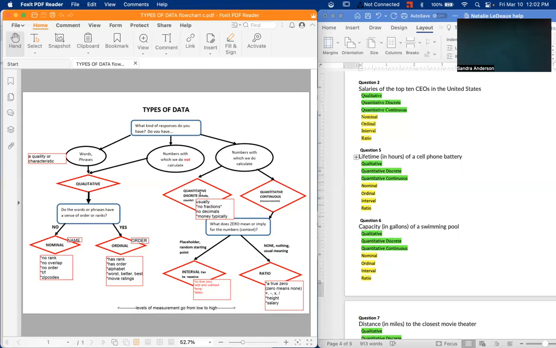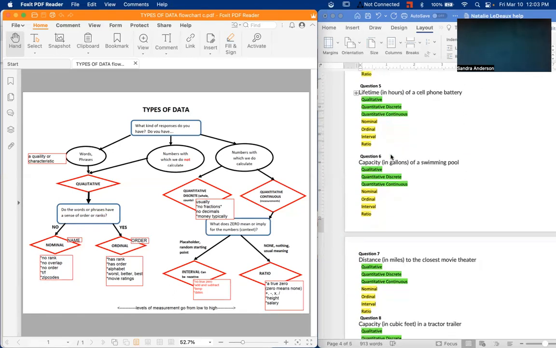So salaries of the top 10 CEOs could be 1,562,042. So that could be quantitative, discrete. And then you come down here and tell if you have a true 0. You could have 0 salary, I guess, if you're not working at all. So that would be ratio.